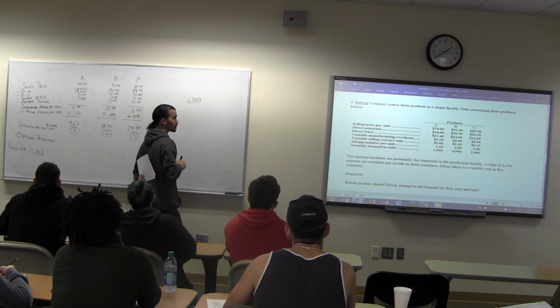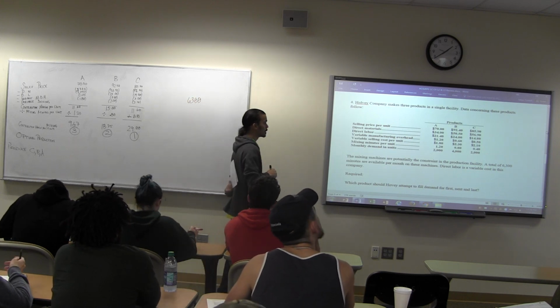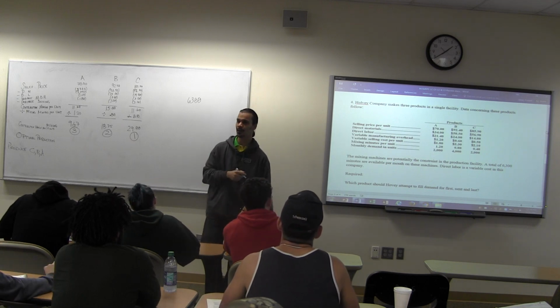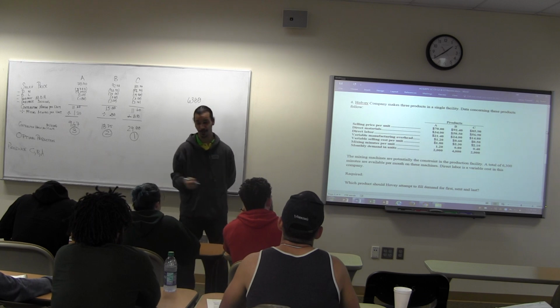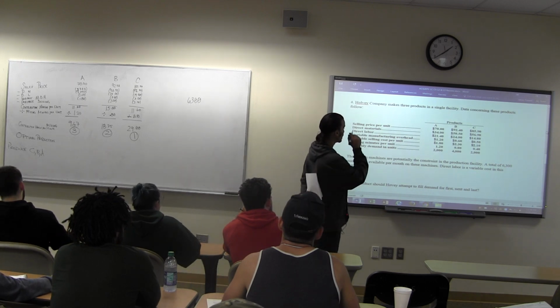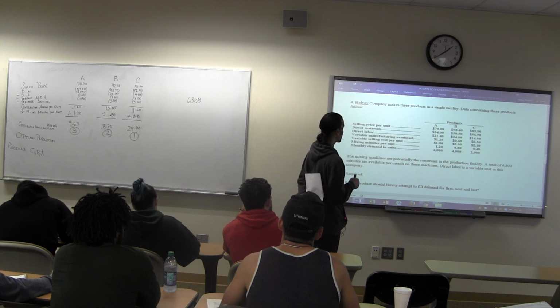What are we gonna produce first? Product C, how many are we gonna produce? 2,000. Why? That's how much they demand, that's how much they want. Let's give it to them. We're gonna make $29 off of each one. So 29, 2,000, how much does it take us for each one?